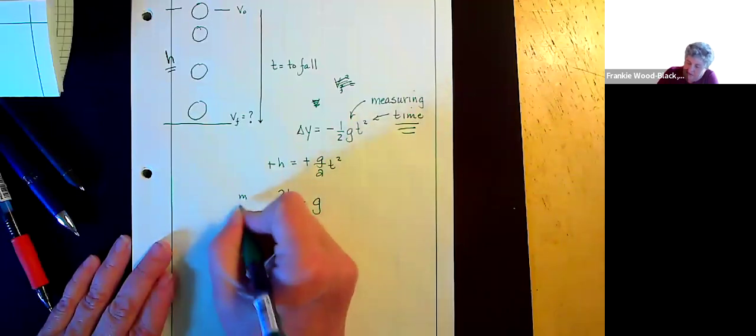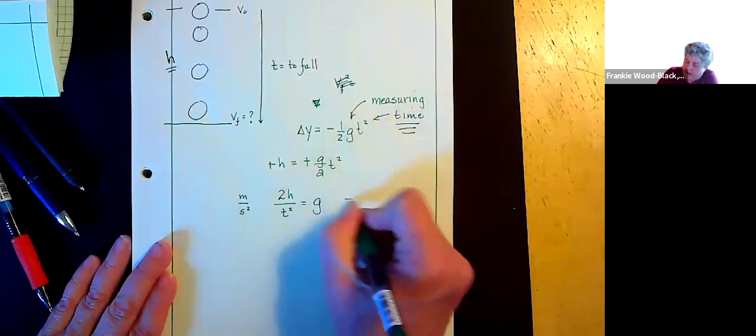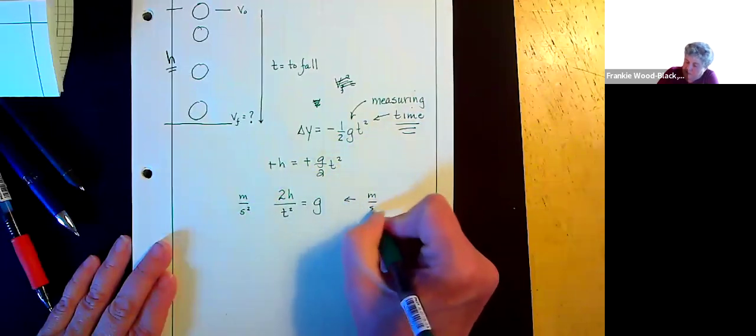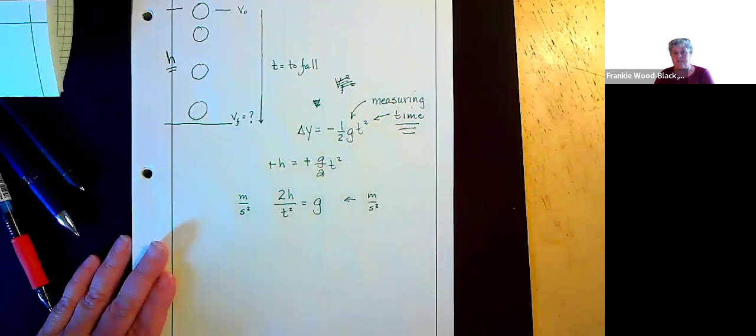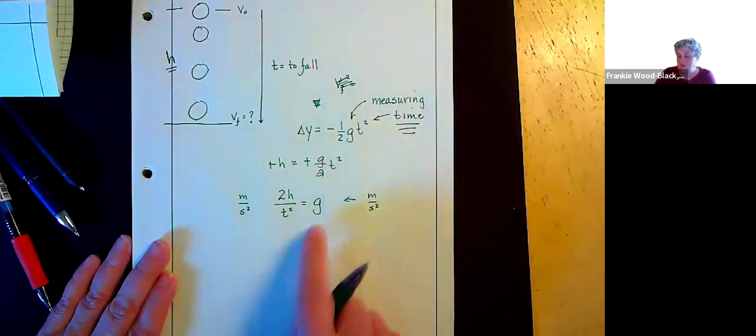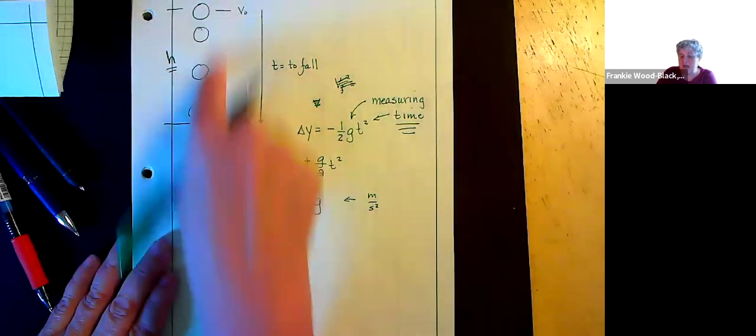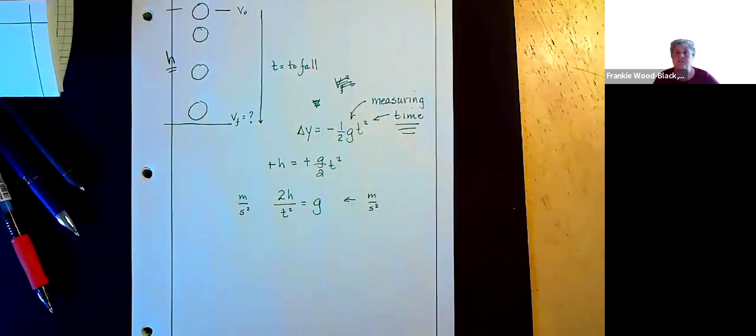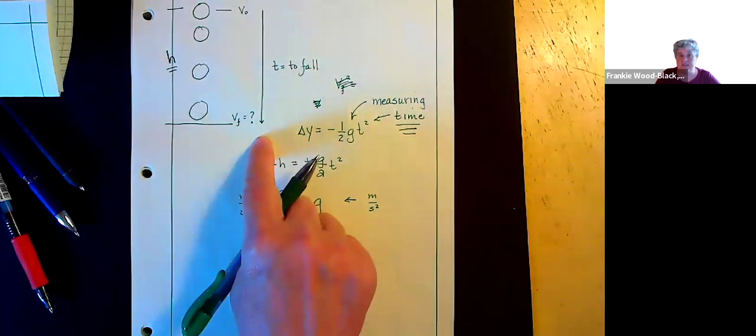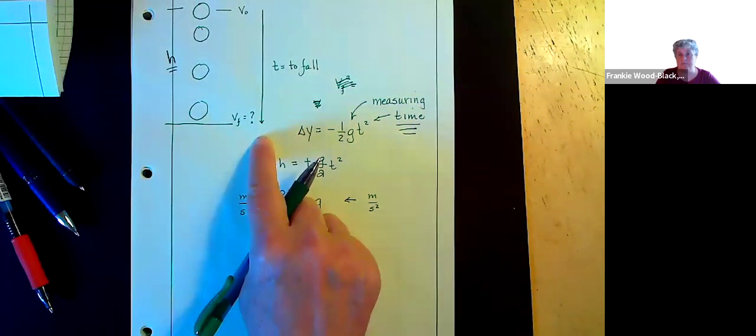I'm going to be in meters per second squared. Gravity is in meters per second squared. So my dimensional analysis makes sense. So I can actually measure my acceleration due to gravity by measuring the time that it takes to fall.